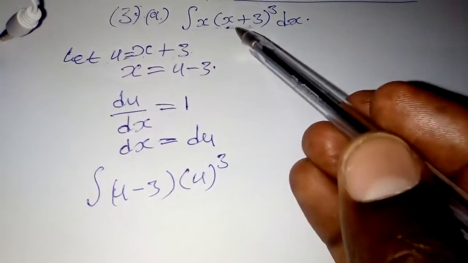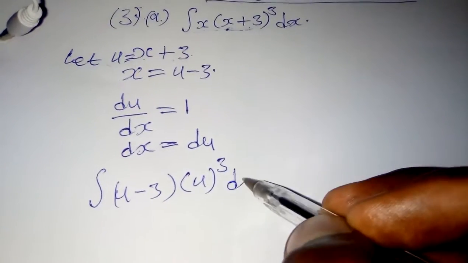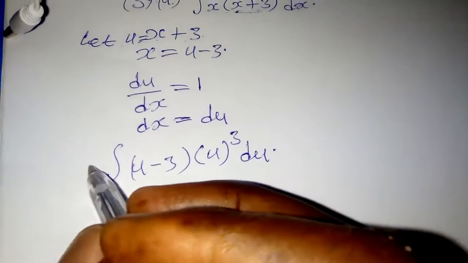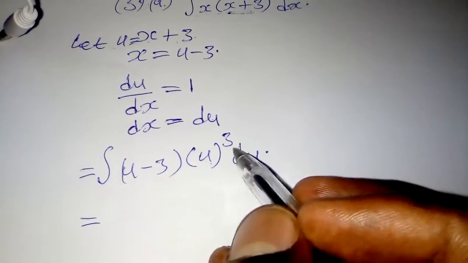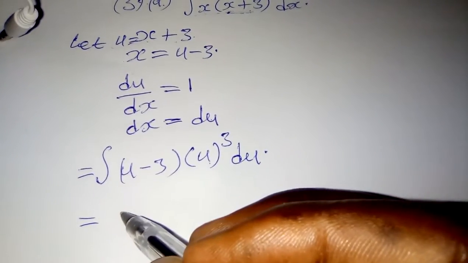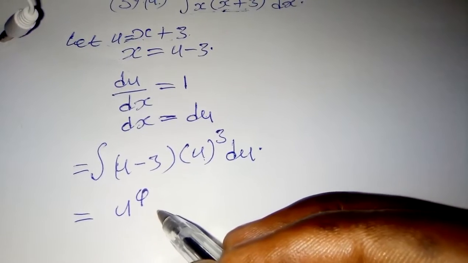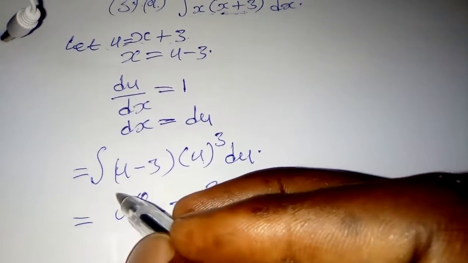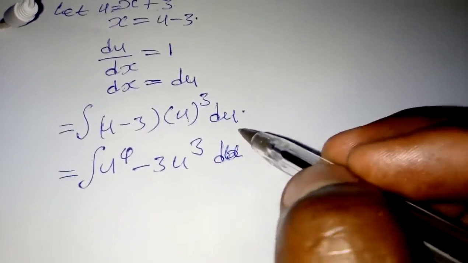Where there is x plus 3, I've just replaced with u, and where there is dx, I can put du there. This is now even easier to integrate, because I can simplify this. U to the power 3 times u, I'm going to have u to the power 4. And then here I'm going to have minus 3u to the power 3. So I'm going to integrate this with respect to u, like that.